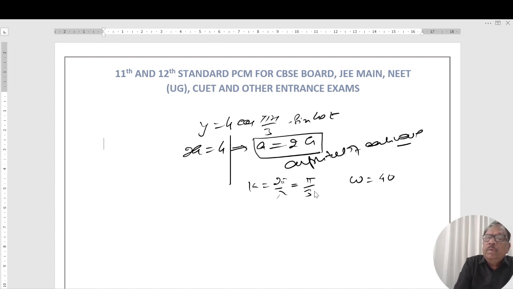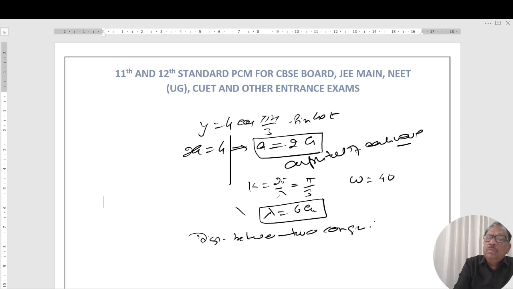So 2 pi by lambda equals pi by 3, which comes out to be lambda equals 6 centimeter. The distance between two consecutive nodes is lambda by 2, that is 6 divided by 2, 3 centimeter.